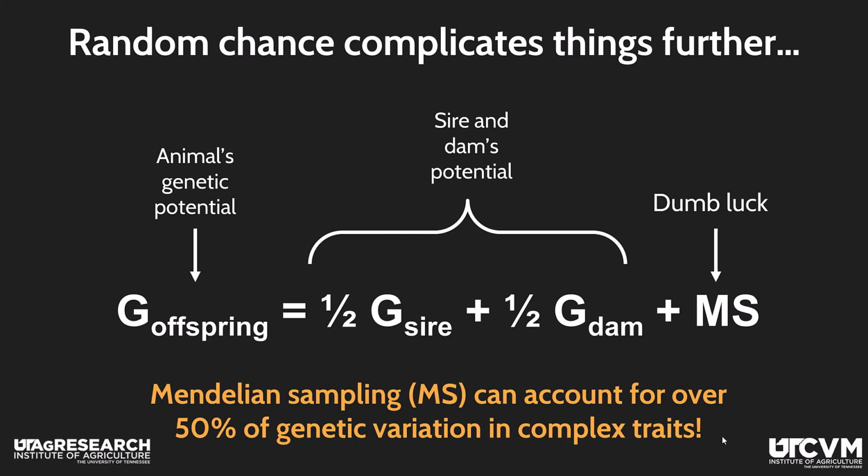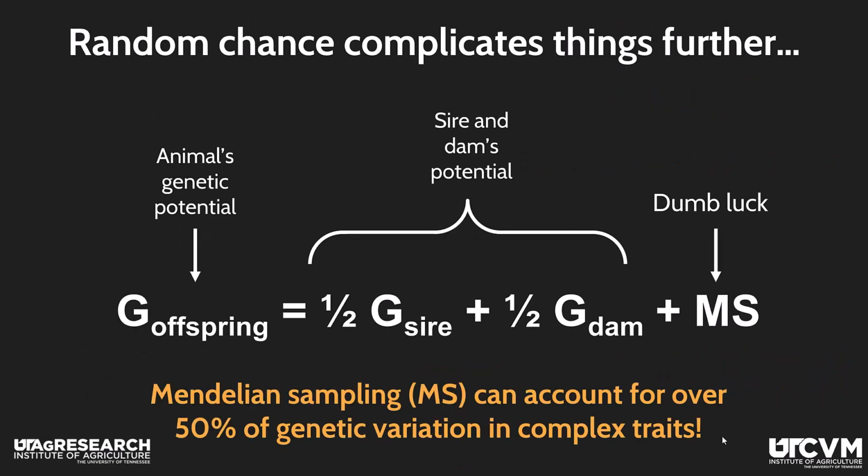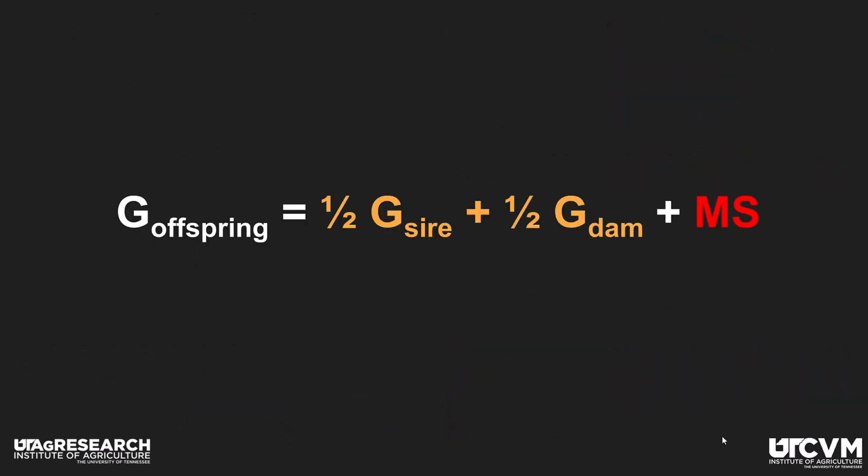And that's what explains these differences in the genetic merit between siblings. So our goal in animal breeding is how do we, as accurately as possible, estimate what that Mendelian sampling term is. Going back to our example, we see an increase in the accuracy of an EPD as we add more progeny because we're getting more confident in what this Mendelian sampling term is.